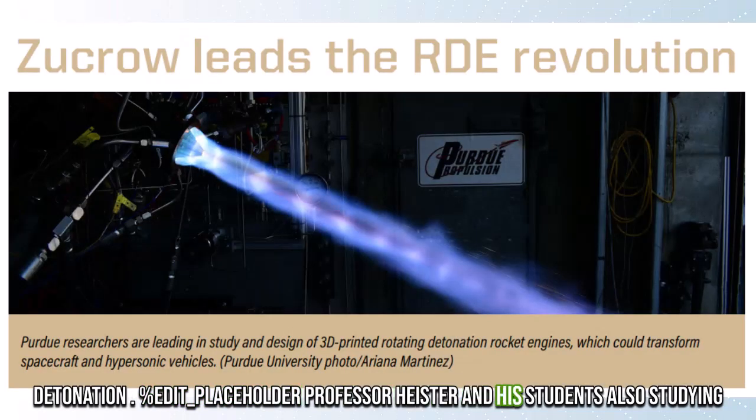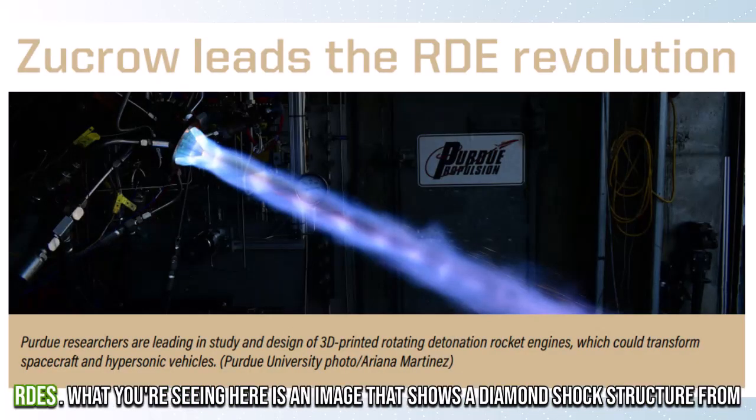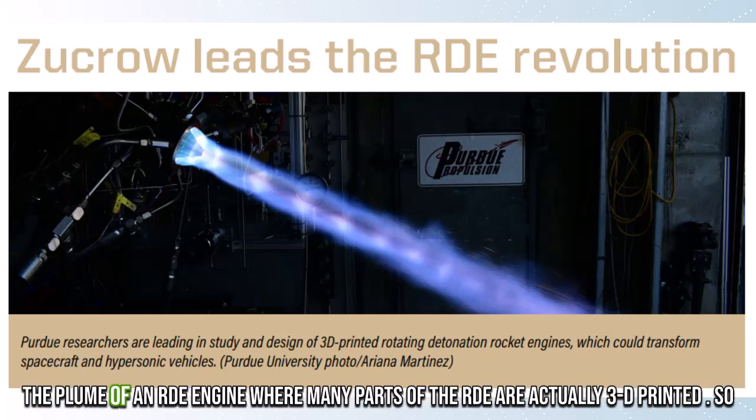Professor Heister and his students are also studying RDEs. What you're seeing here is an image that shows the diamond shock structure from the plume of an RDE engine, where the main parts of the RDE are actually 3D printed.